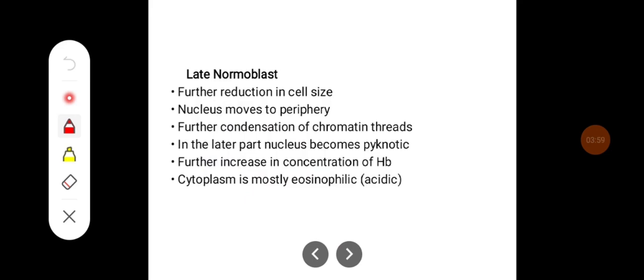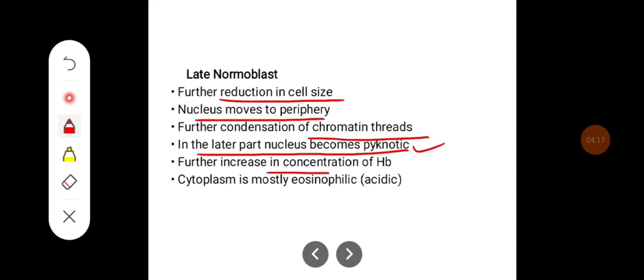In the late normoblast, further reduction in cell size occurs, the nucleus moves to the periphery, further condensation of the chromatin thread occurs, and in the later part the nucleus becomes pyknotic, and there is further increase in the concentration of hemoglobin, and that is why the cytoplasm mostly becomes eosinophilic.